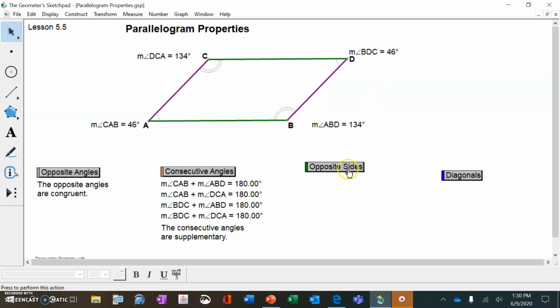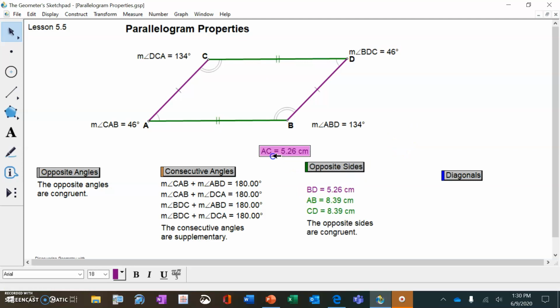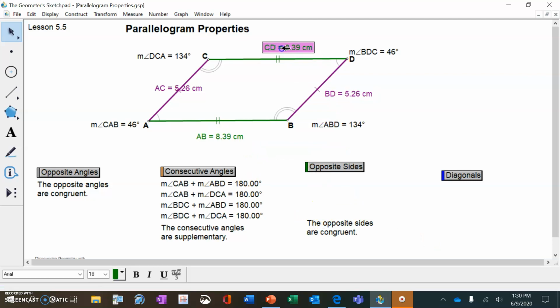Okay, next, opposite sides. So we need AC and we need BD. We need AB and we need CD. So opposite sides would be AB and CD, both 8.39.